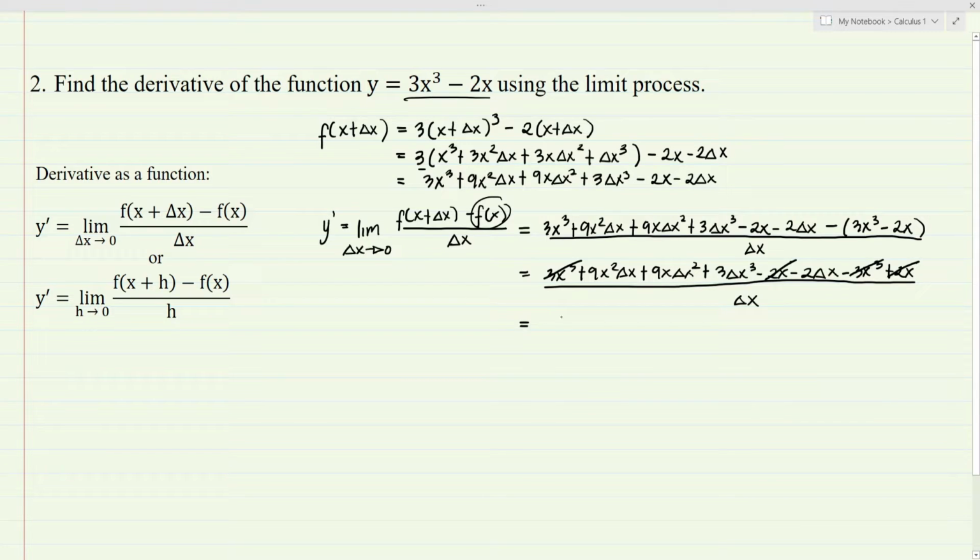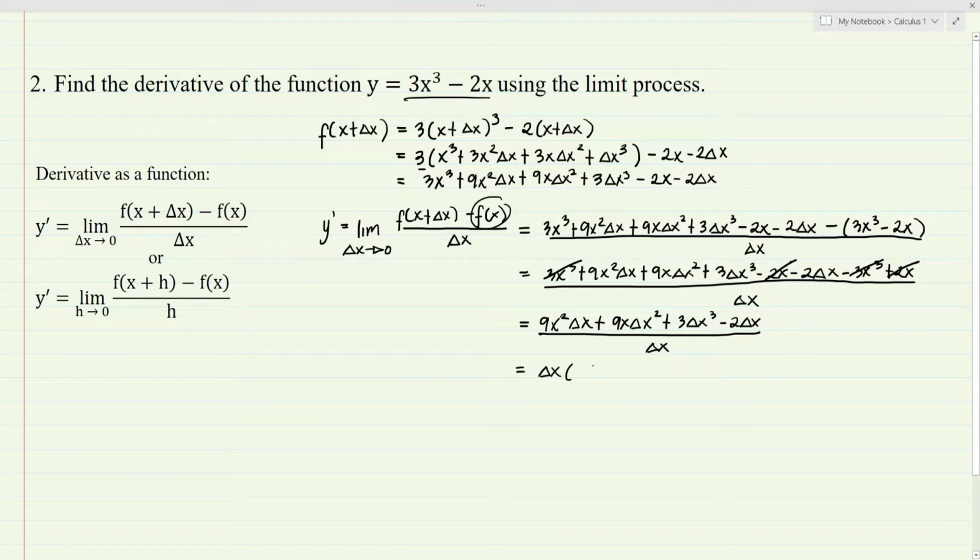Its simplified form would be 9x squared delta x plus 9x delta x squared plus 3 delta x cubed minus 2 delta x, then divided by delta x. Next step, let's factor out a delta x in the numerator.